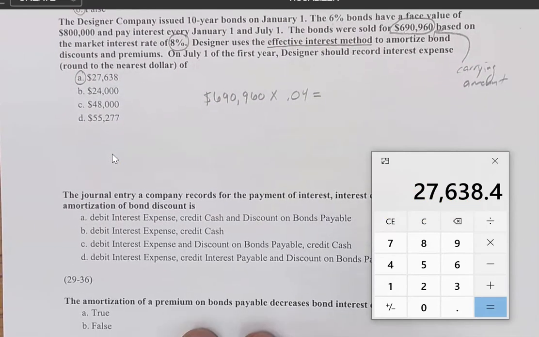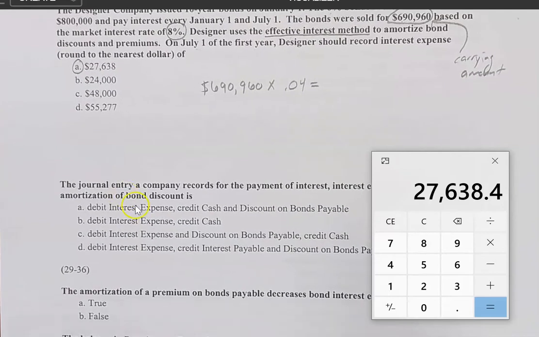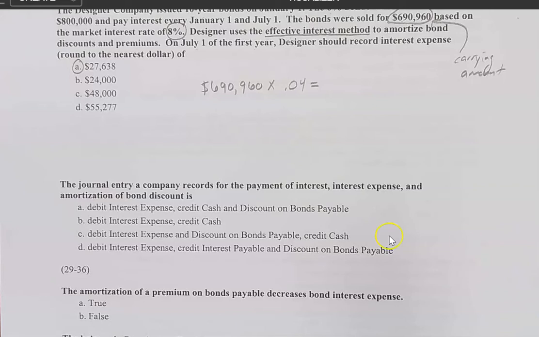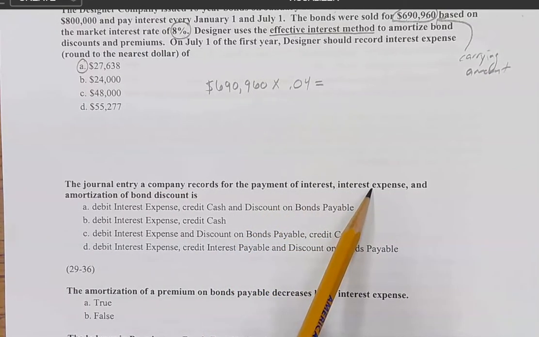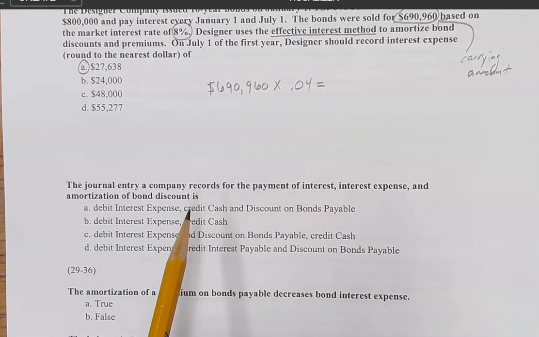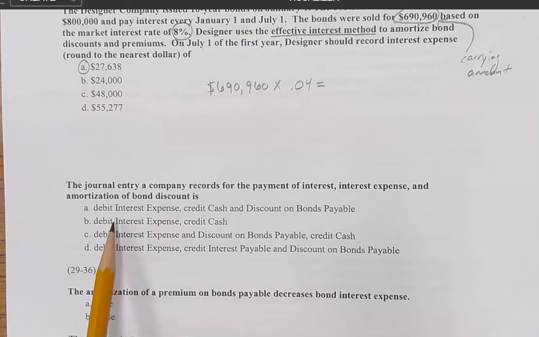So let's go down here and look at one more question. All right, so we're right here. The journal entry a company records for the payment of interest, interest expense, and amortization of bond discount is, and we've got some choices here.